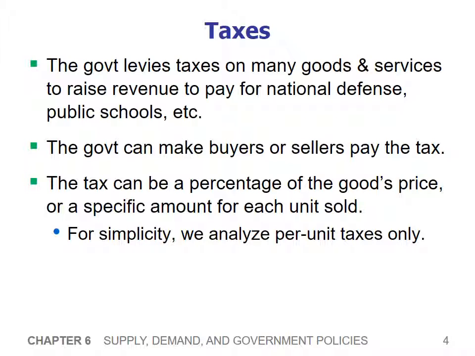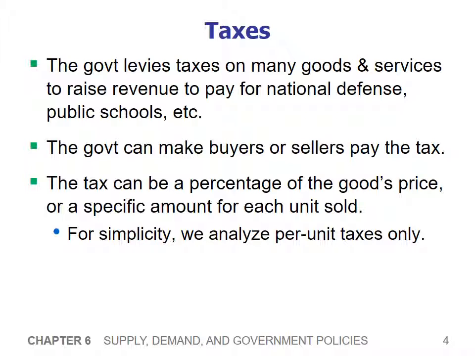Tax can also have a second impact. Sometimes taxes can be used to alter the behavior of buyers or sellers in a particular market. Government can either impose a tax on buyers or impose a tax on sellers.